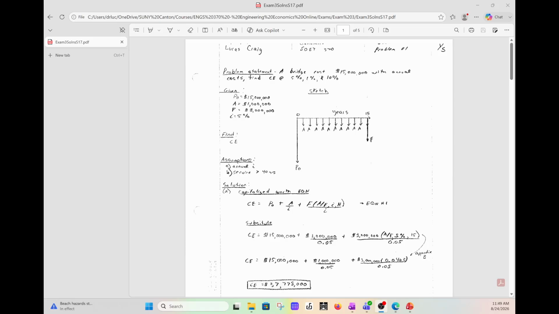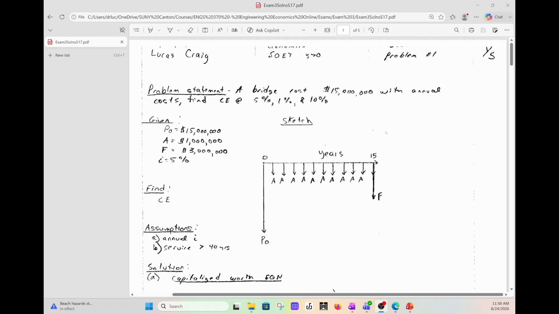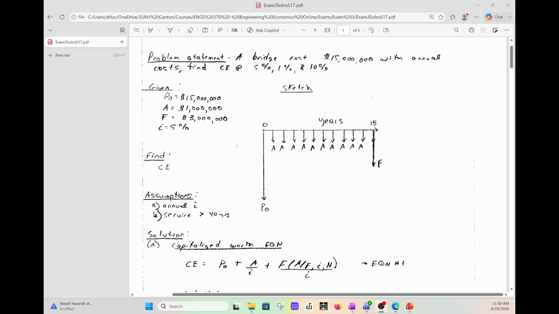All right. So, for example, here is some sort of homework assignment that you'll eventually do, where you have a bridge that costs 15 million with annual costs. You want to find what this capital equivalent cost would be, which is kind of what it is per year.